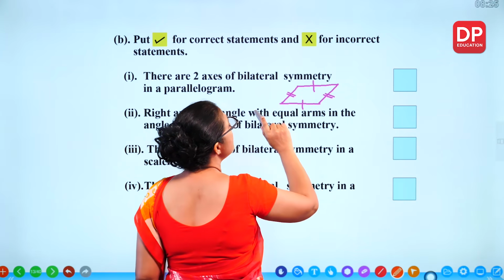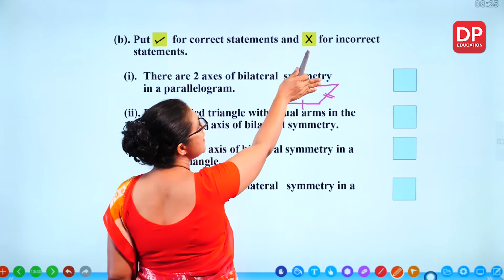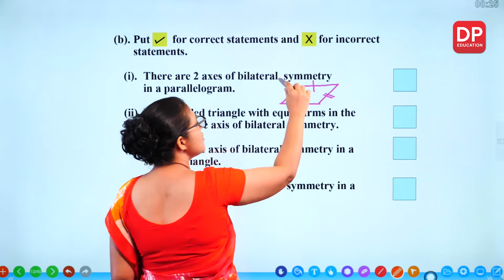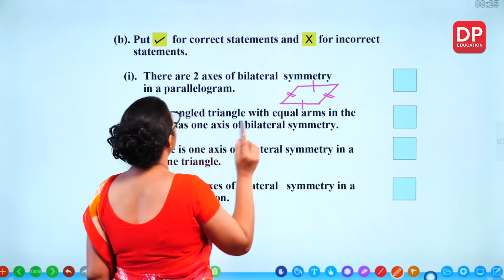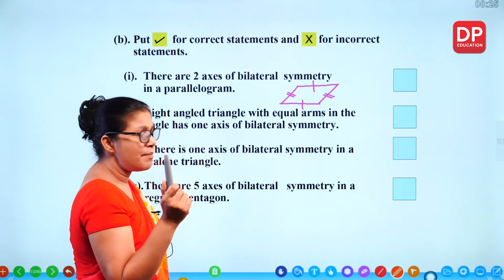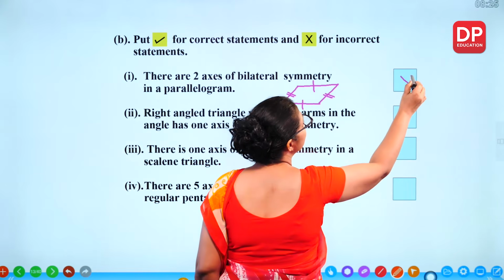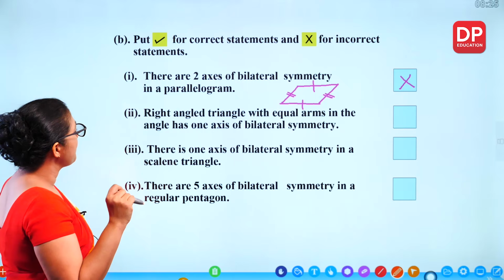So you can't fold it this way because this side doesn't overlap with the other side. This way also you can't draw. You can't draw here or here. So there are two axes of bilateral symmetry in a parallelogram. That's wrong. No axis of symmetry in a parallelogram.